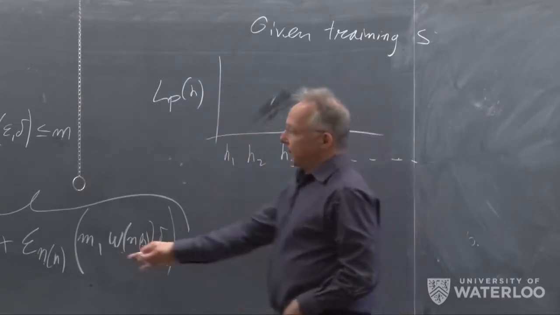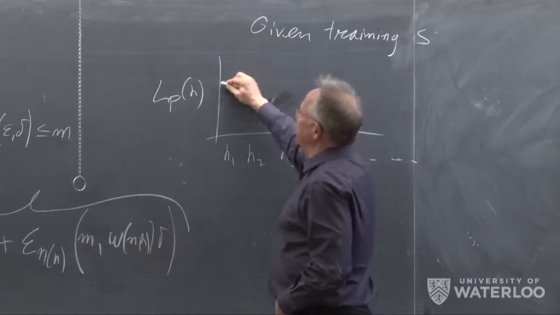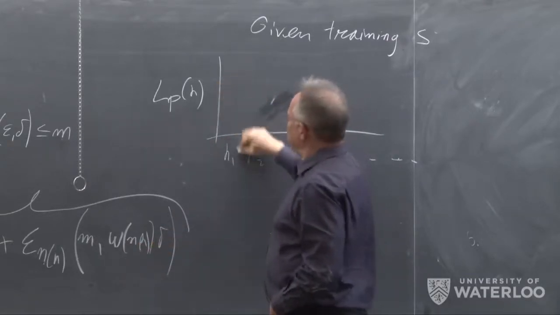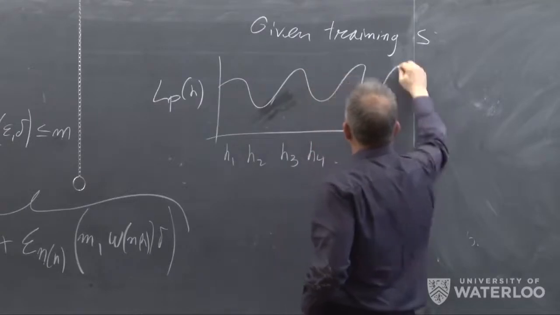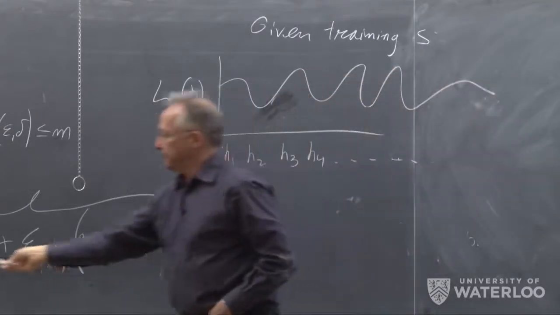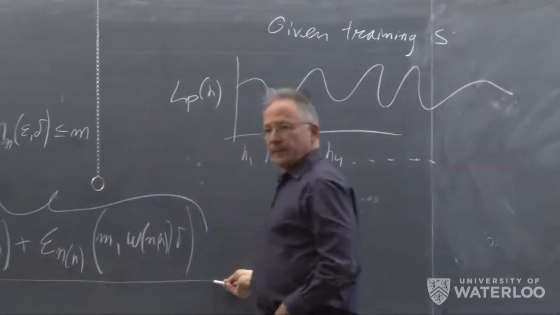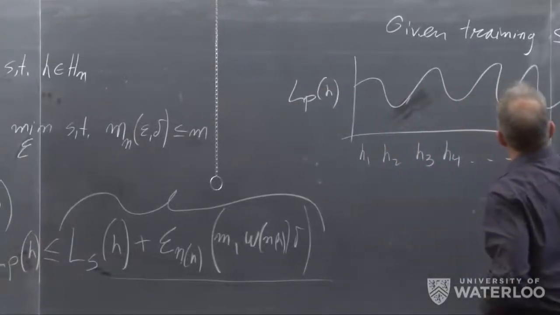So what this tells me is that here is an upper bound. The real loss of h, for every h, I can draw this kind of guy. This is the bound.